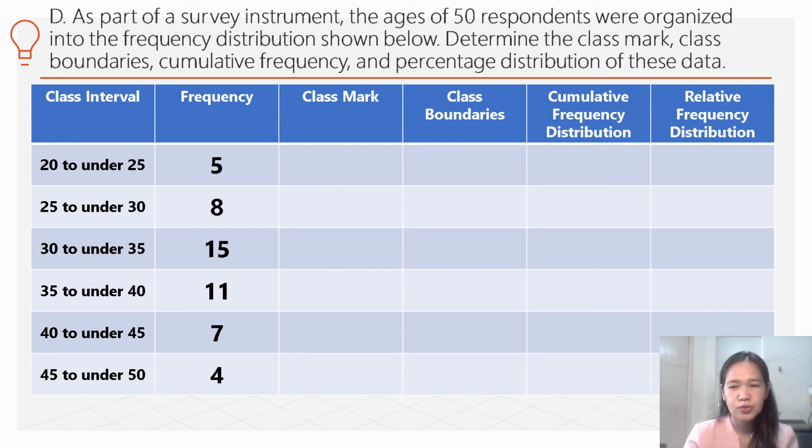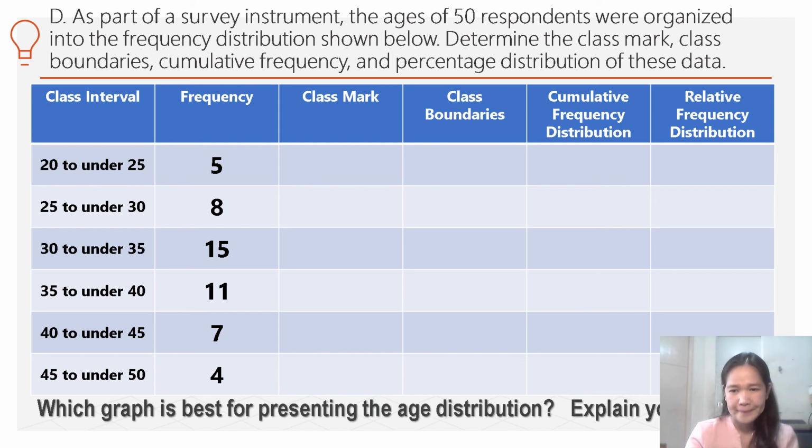And then I want you to group yourselves into 10 and determine the class mark, the class boundaries, cumulative frequency, or the missing entries of this percentage distribution table.